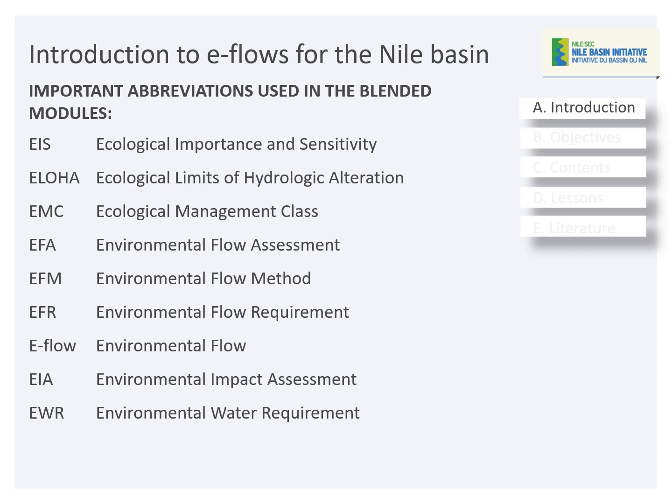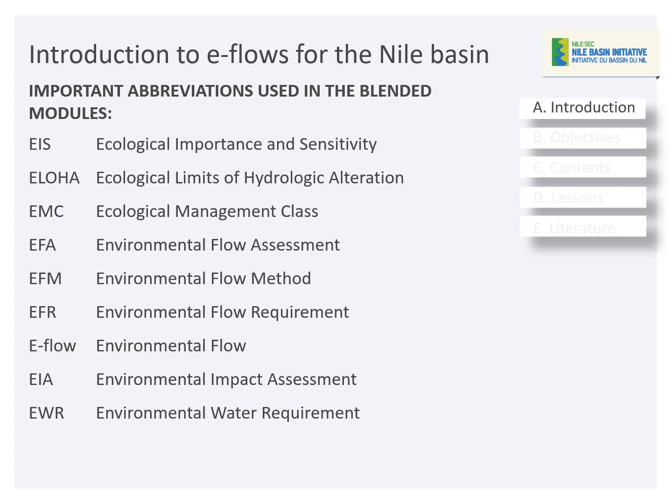We generally refer to the 6 ecological management classes, class A, B, C, D, E, and F, with A referring to a natural or pristine reference condition, and F referring to a critically modified, unsustainable state. On occasion we will unpack these different classes and refer to them during the blended learning modules.